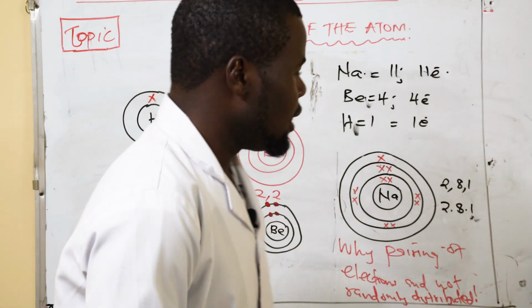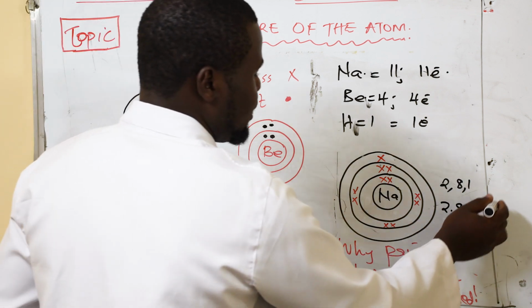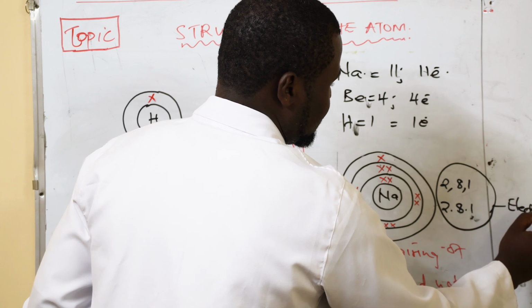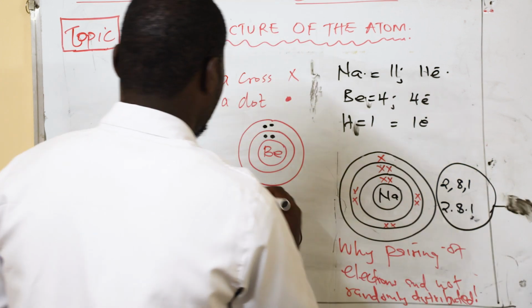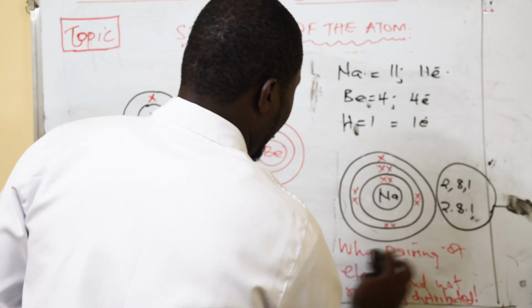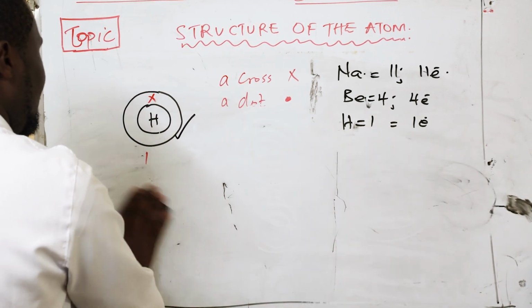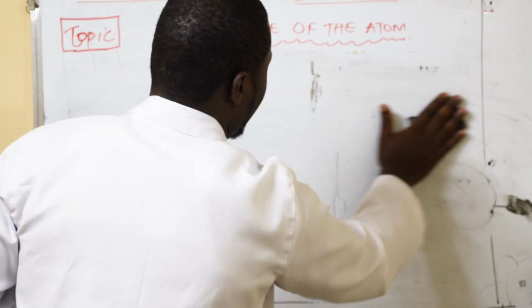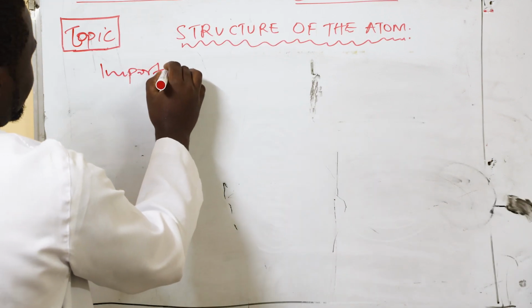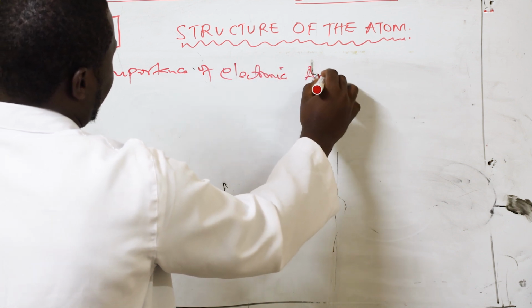My question is, from what I have here, what information can you obtain from electronic arrangement? From electronic arrangement, let me just write it here. How does electronic arrangement or configuration help a scientist? Importance of electronic arrangement.